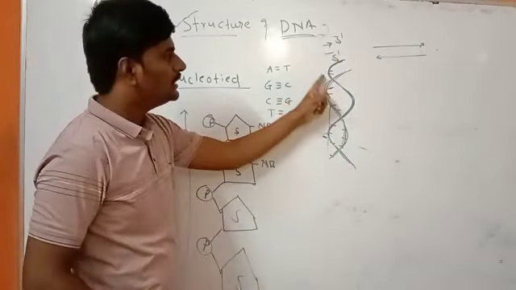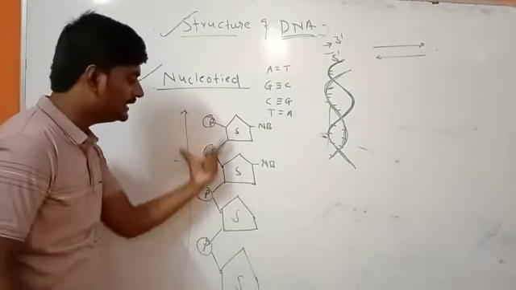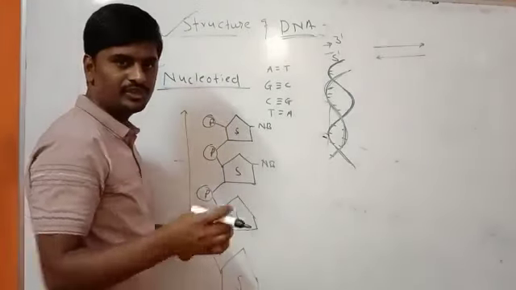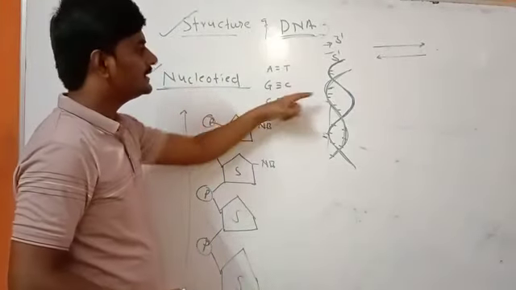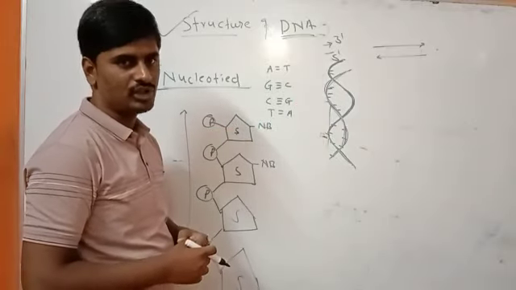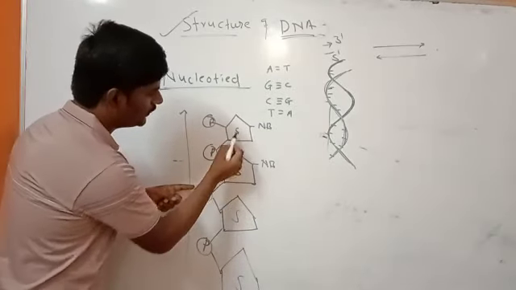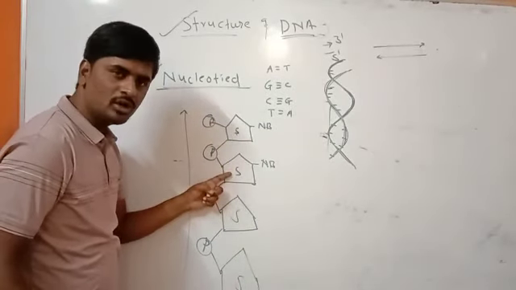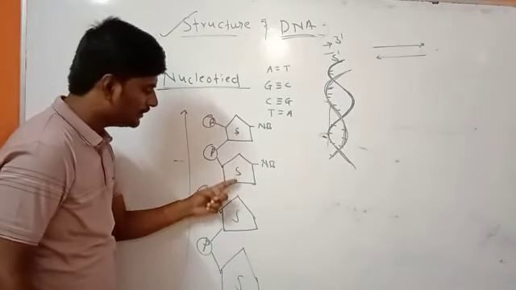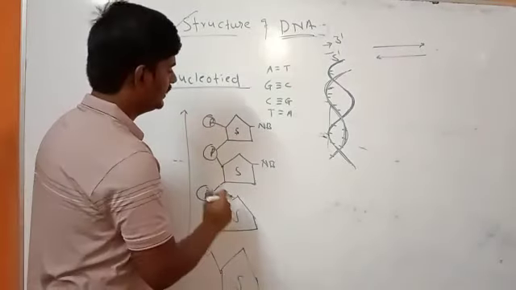So there are two different strands, and as we know, each strand of DNA is made up of a polynucleotide chain. There is a formation of a chain because one nucleotide attaches to another, so there is a chain of nucleotides.